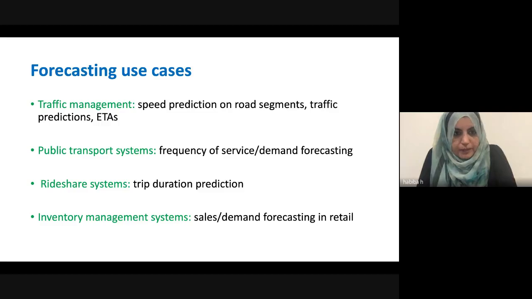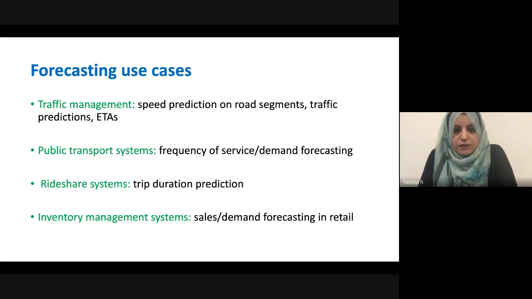Some of the applications of it are traffic management, for example, predicting speeds on road segments. This was a project I did last year with Transport for New South Wales. We were looking at the Victoria Road corridor here in Sydney, using the Google travel time data, the average travel time of vehicles on each road segment in the corridor.